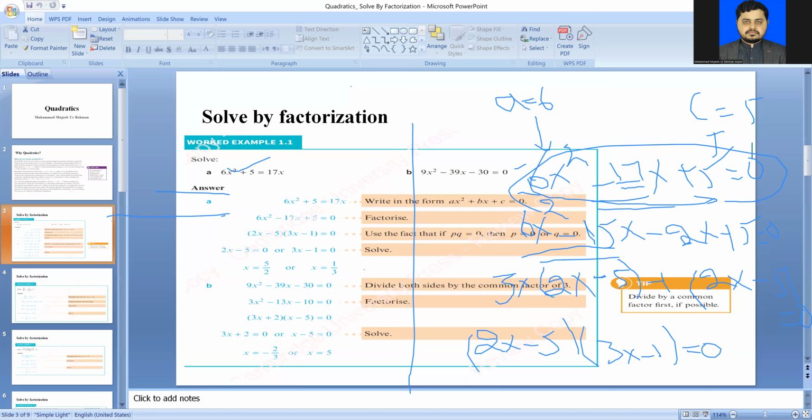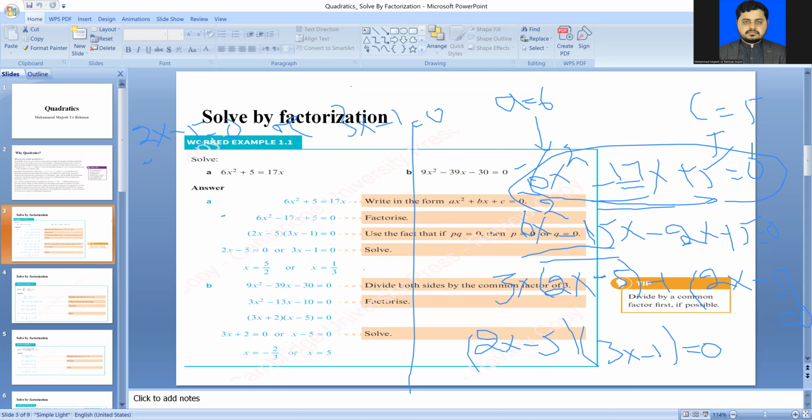When the product of two factors equals 0, either 2x minus 5 equals 0, or 3x minus 1 equals 0.